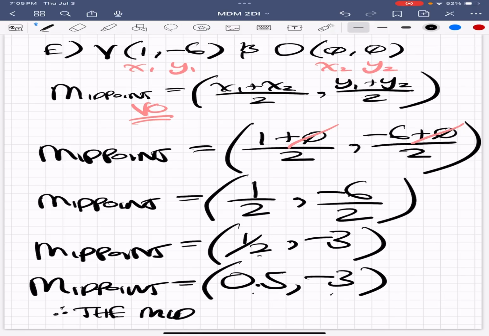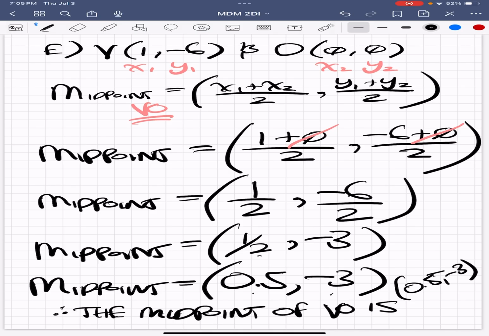So the midpoint of VO is, let's do decimal first, 0.5, (-3), or a half and (-3). And that's the middle of a line segment, honey.